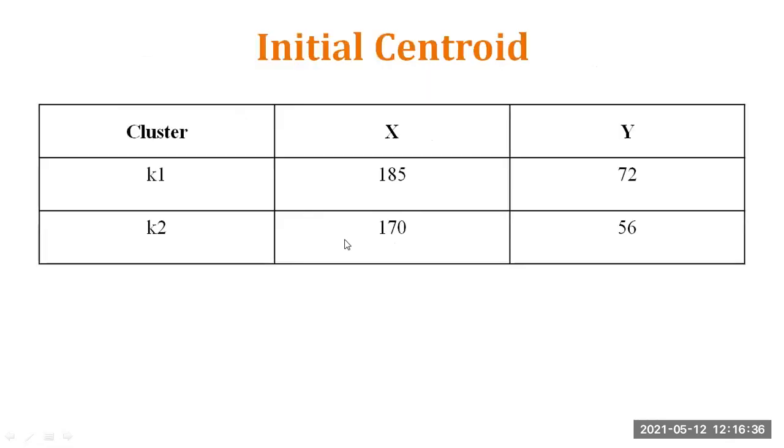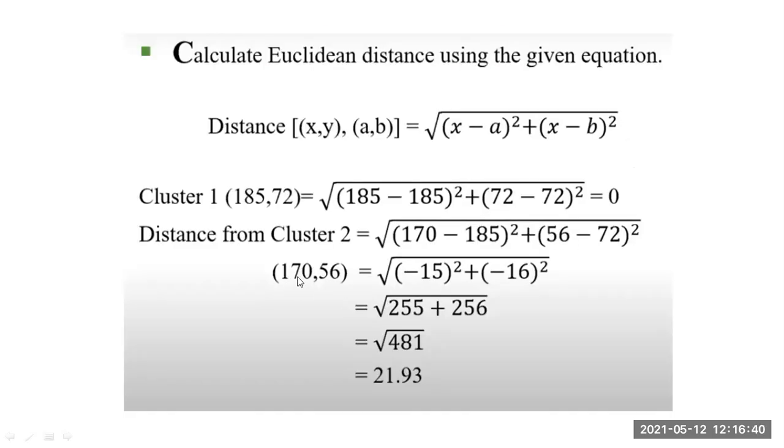Next, distance from cluster 2. The cluster 2 values are 170 comma 56, that's what we have kept here. So the distance from 170 comma 56 to 185 comma 72 is 21.93. Obviously the lesser value is 0, so it is a cluster 1 value.